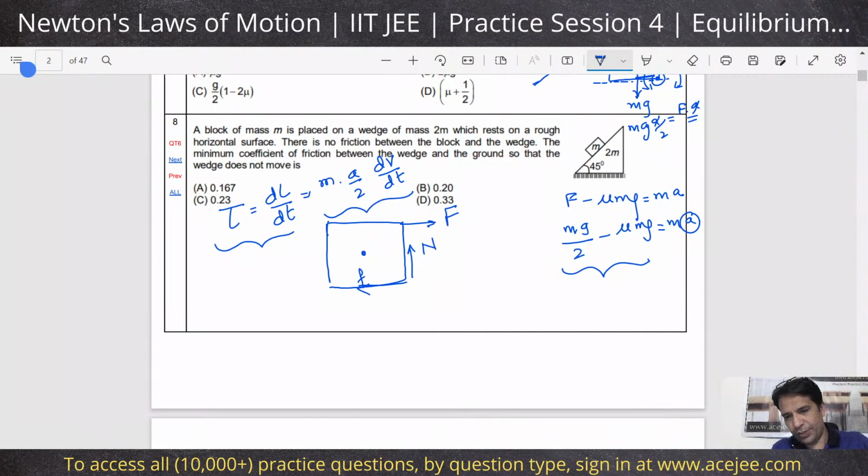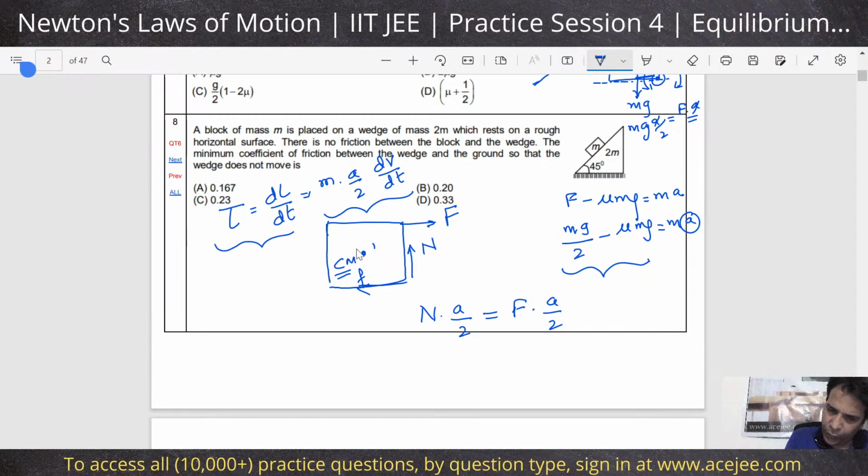Whoa, that was a fundamental error we were about to make. Anyway, let's write down the torque about the center of mass. What do we have? We have the normal force, which is N times a by 2, minus, or this should be equal to, capital F into a by 2.